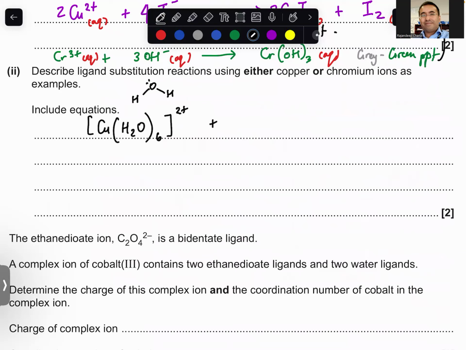Copper's a bit of an exception. Substitution only occurs with 4 of them. For the rest of the examples, it tends to be 6. And this gives you the complex of Cu, 2 waters are remaining, and the others are ammonia.